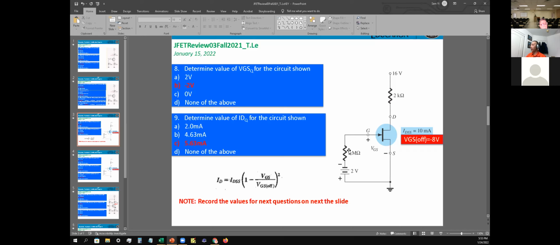For IDQ, you apply the formula: 10 times 1 minus VG, which is minus -2, divided by -8, and that quantity squared. It comes to about 5.625 milliamps. So the answer is C as in cat for number 9. Any question on number 8 or 9?